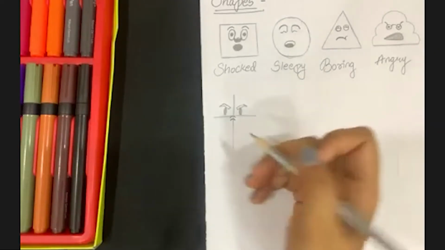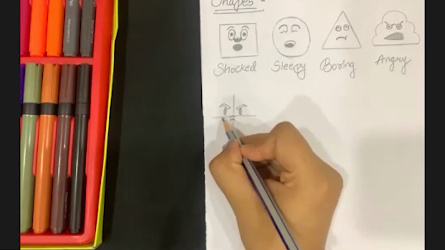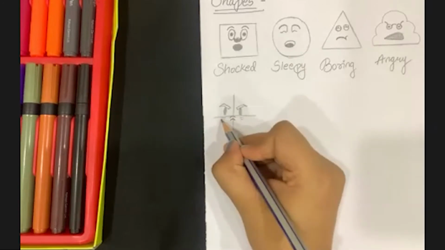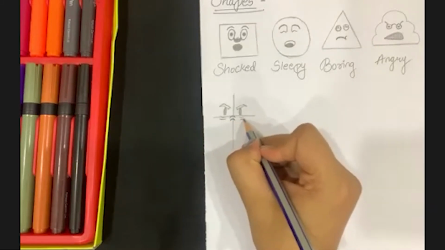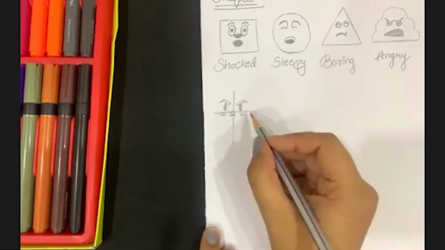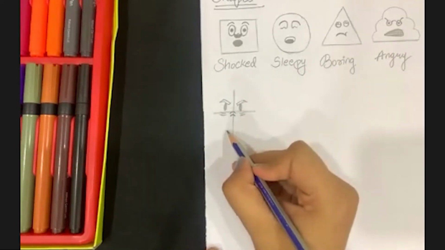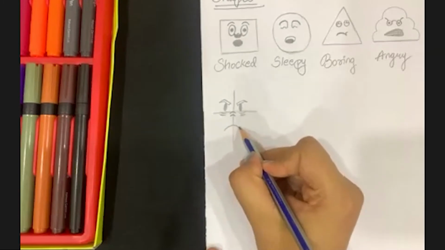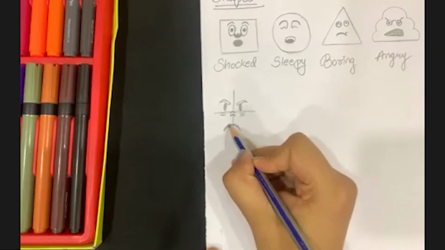Okay, and two small lines inside your eyes, because when you become angry, there are small lines at the bottom of your eyes. Okay, after doing this, I'm simply going to draw the sad face. Okay, sad smiley.